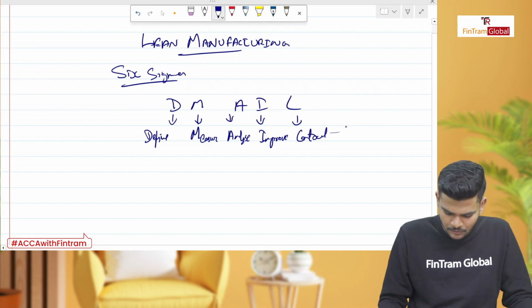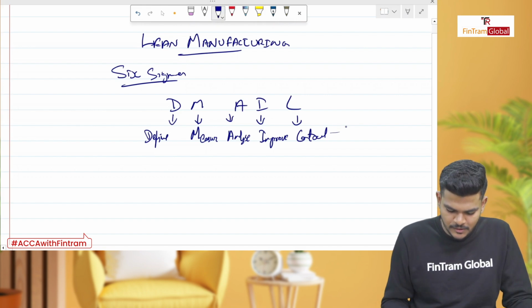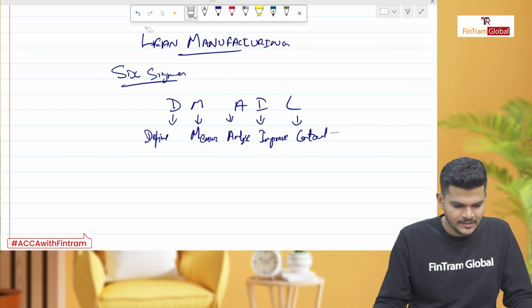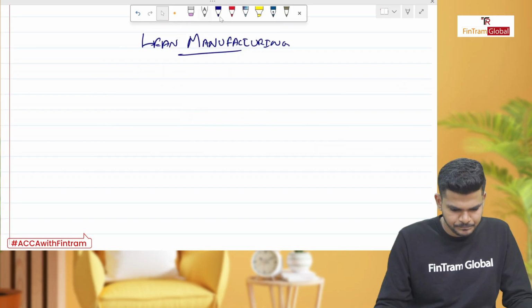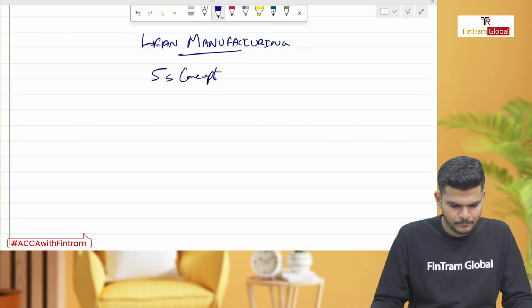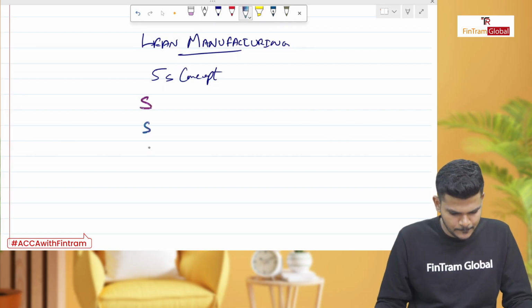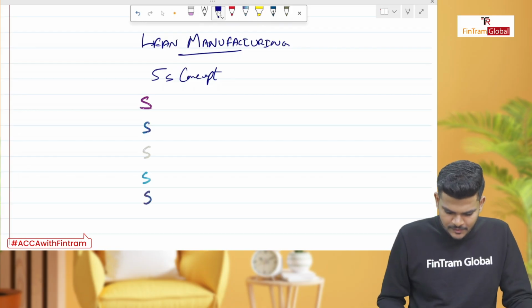Now, there's also another way in which we can ensure wasteful activities are eliminated, and it's basically using the 5S concept. There are 5 S's. What are these 5 S's?